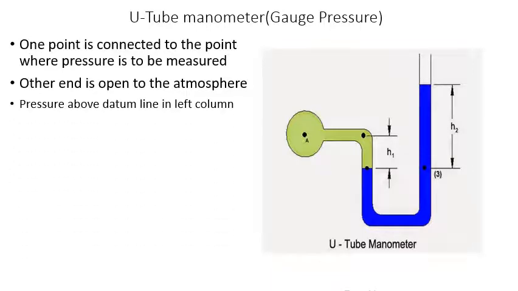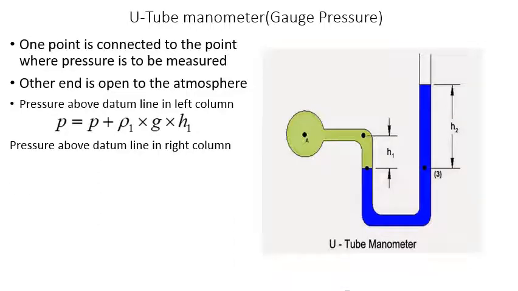Now consider the pressure above the datum line in the left column. One datum line, or reference line, is considered. The pressure above the datum line in the left column is equal to the pressure at point A plus the pressure for the height of h1. The pressure for the height h1 is equal to rho 1 into g into h1. That gives the pressure above the datum line in the left column.